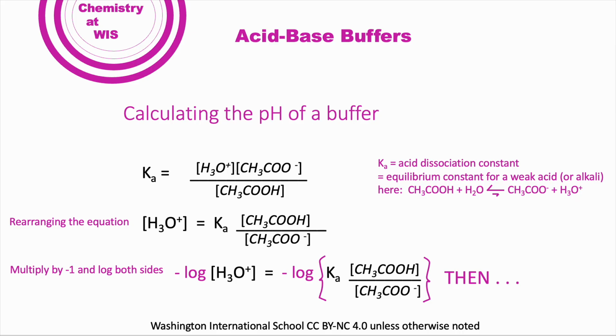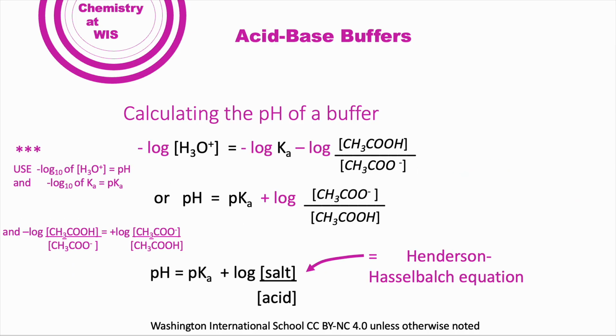Multiply both sides by -1 and log both sides. And as you do that, you get the equation that's given here. And log 10 of H3O plus is your pH. And log 10 of your Ka is your pKa.